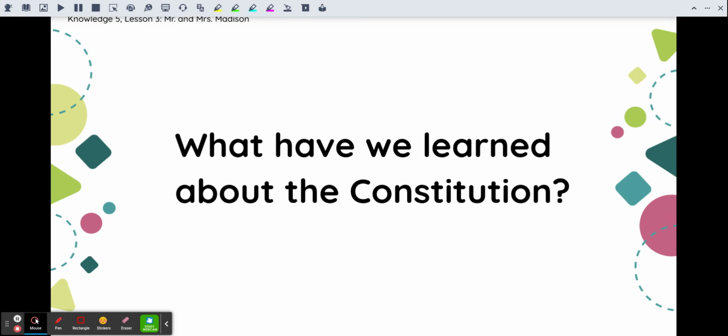Who were the founding fathers? The founding fathers were the men who helped write the Constitution. And what role did James Madison play in the start of the United States? Well, he helped write the Constitution, and is known as the father of the Constitution. What other information do you remember about James Madison?